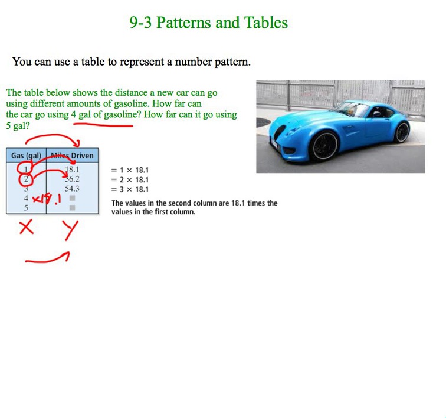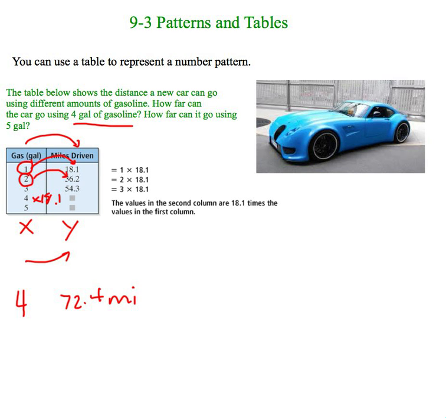18.1, and I apologize for the messy handwriting, but if you take out your calculator and you multiply 4 times 18.1, we find out that when X is 4, our Y value is 72 4/10 miles. On 5 gallons of gasoline, it's the same relationship.